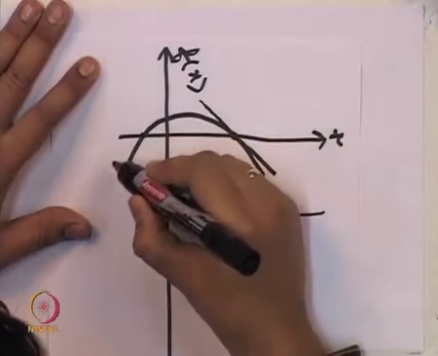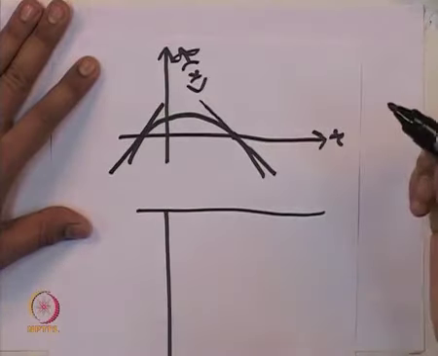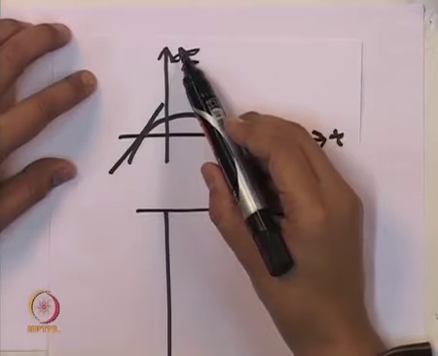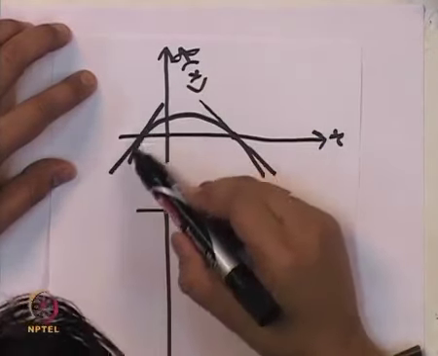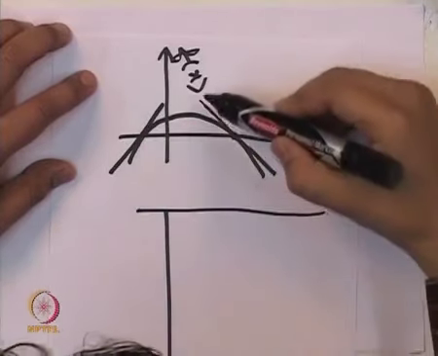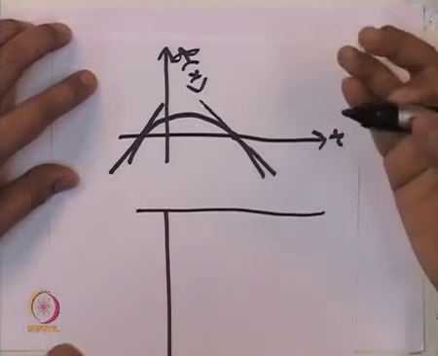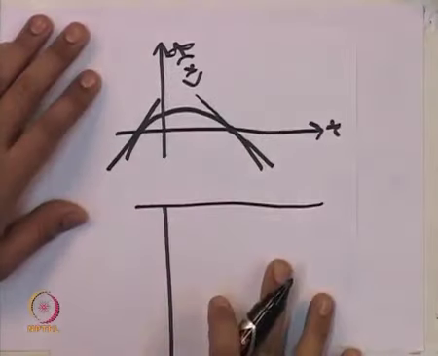On the other hand, here this tangent is a line with positive slope. So, we are going to differentiate the function f not at any point, but at the equilibrium point, and at the equilibrium point we see that this tangent is a line with positive slope, while this tangent is a line with negative slope. This positive or negative slope itself decides whether the equilibrium point is stable or unstable.